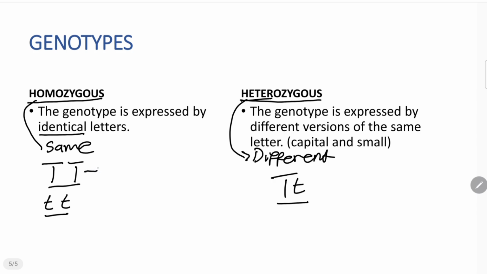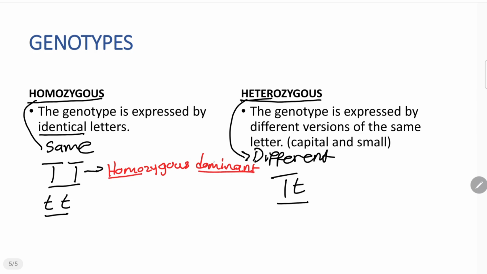But let's look at this example. Let's look at capital letter T, capital letter T. This is what we call homozygous dominant. Remember, the word homo means same.